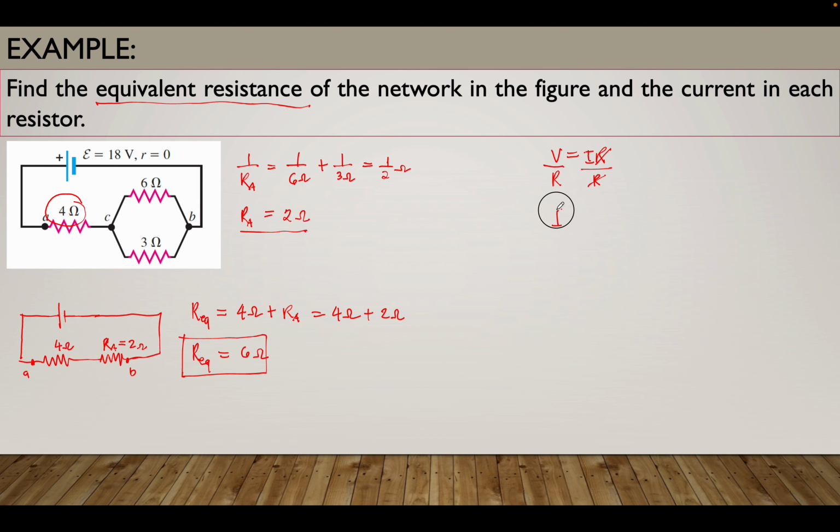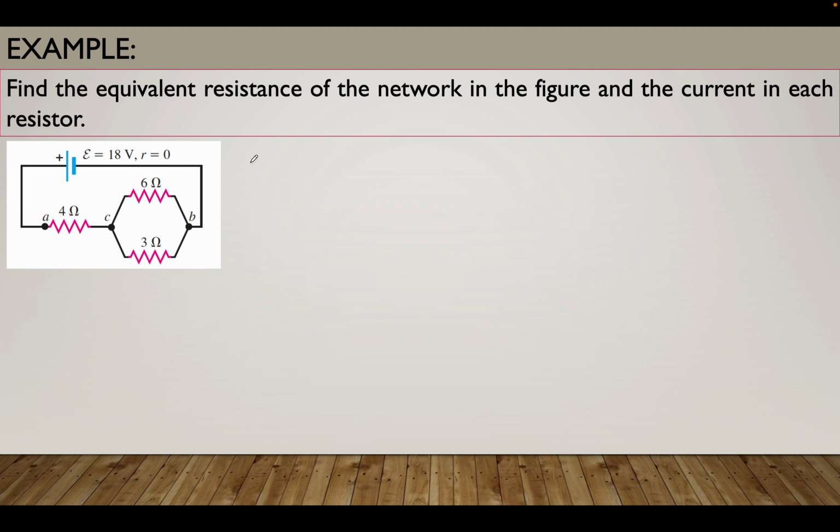So, we have I is equal to V over R. So, we will be using this equation right here. Okay, so to solve for, let's have it right here. So, we have I is equal to V over R. This is our main equation or main formula to solve for the current.